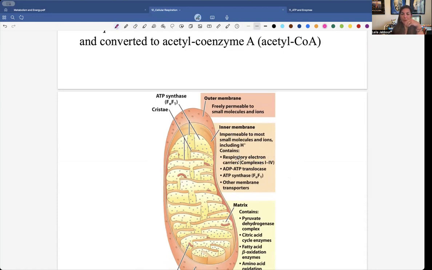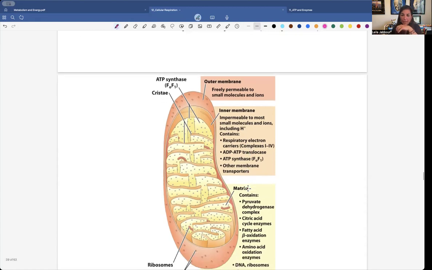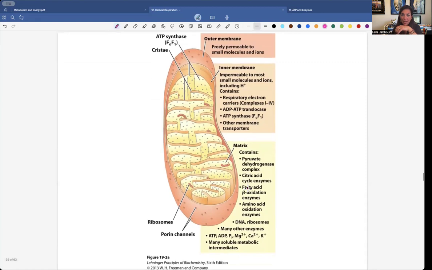So we'll talk about these electron carriers when we get to that. In the matrix, we have the pyruvate dehydrogenase complex and the citric acid cycle. This is where it's going to take place, floating here in the matrix. And we have many other things. You don't have to memorize all of these details.